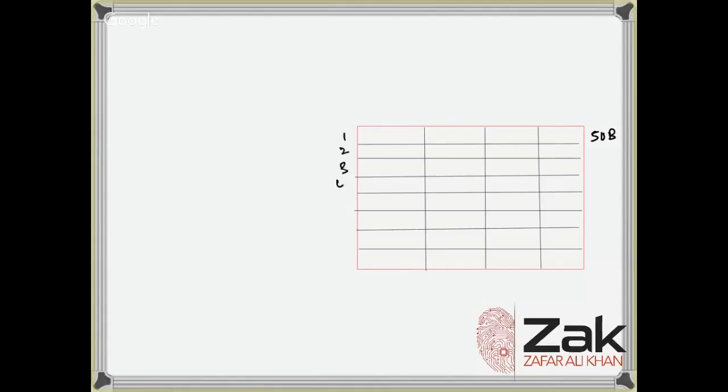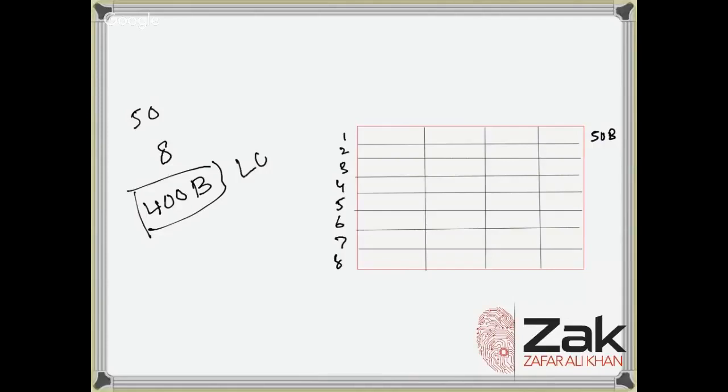One, 2, 3, 4, 5, 6, 7, 8. So 50 times 8, 400 bytes. So this 400 bytes is the length of the file.